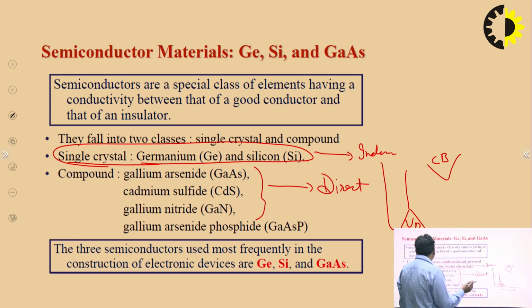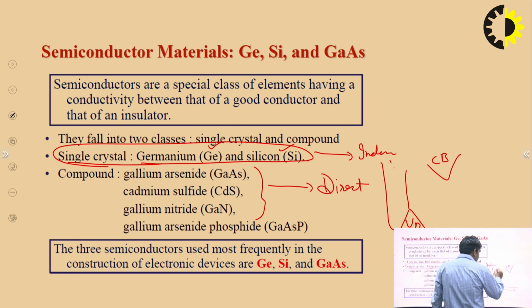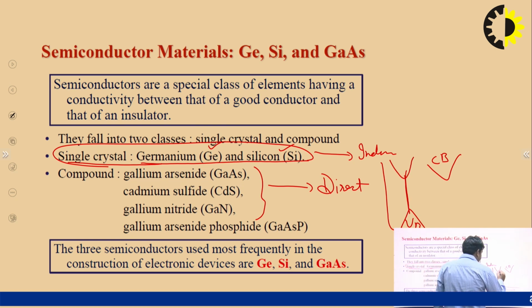Indirect band gap materials are germanium and silicon, or single crystal materials. But in a direct band gap material, the valence band and conduction band are at the same momentum, so this is a direct band gap or compound material.